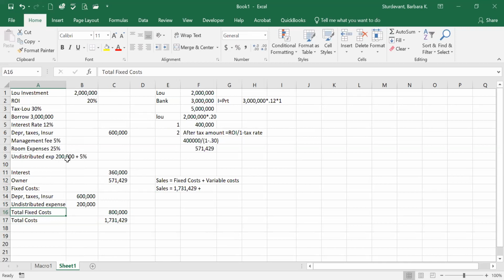Undistributed expense, that's part fixed, part variable. So to go back to my equation, I'm going to take my fixed, and I'm going to write this out kind of funny, just so that you can see. So we have our management fee. Just to label it.